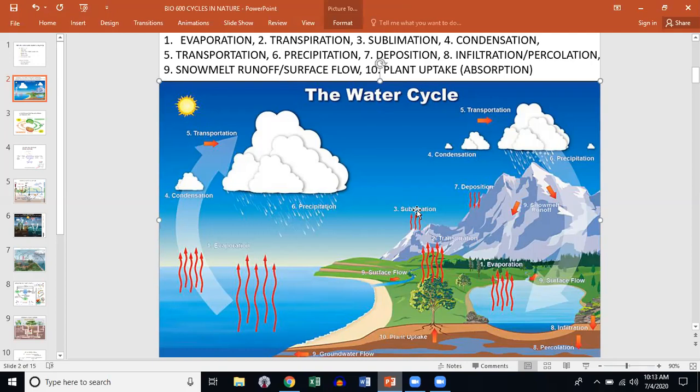They now, as liquid, go downward. We cover weather patterns of the Earth.